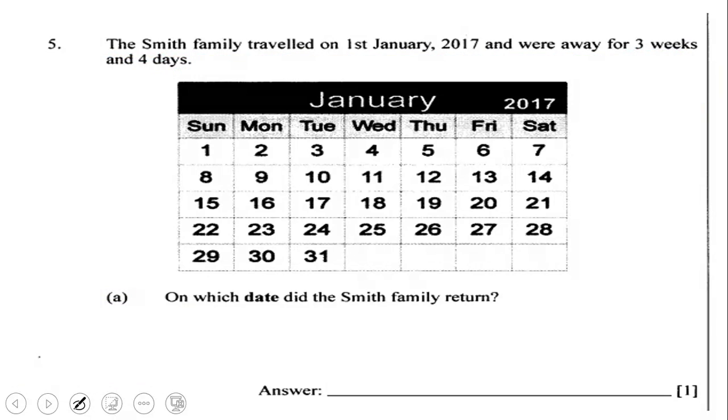All right, now that you're done attempting the question on your own, let us consider this question together. So the Smith family traveled on January 1st, 2017, and they were away for 3 weeks and 4 days. And the question is, on what date did they return?